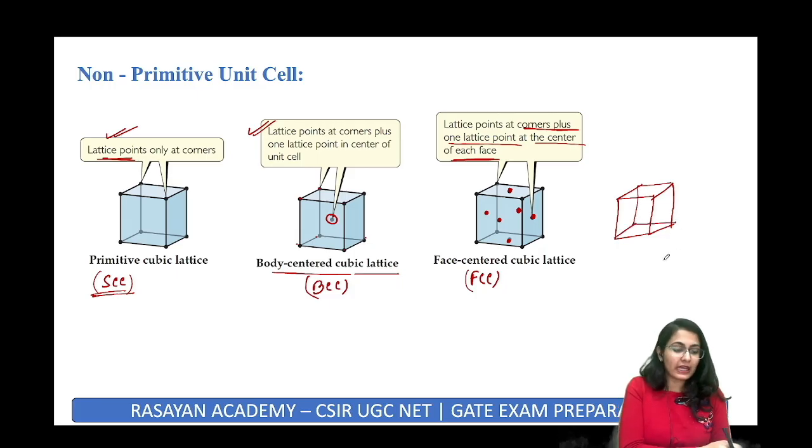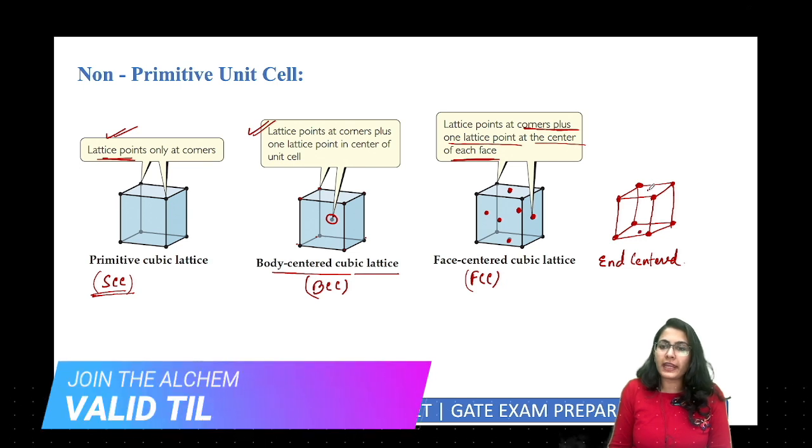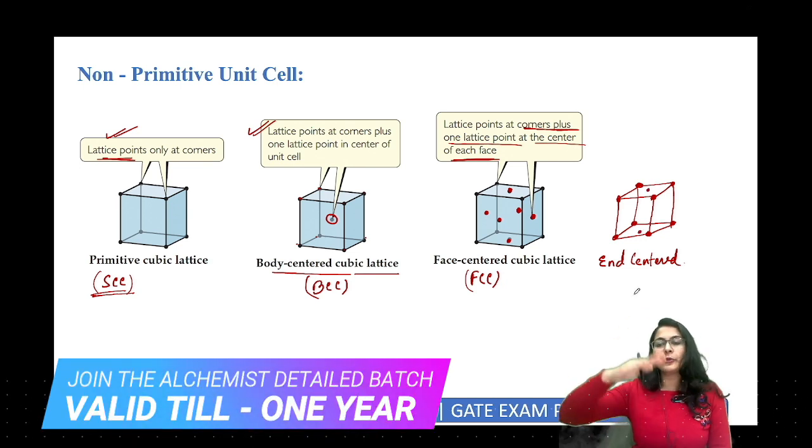For example, we are talking about end centered. So in the end center, definitely you will have the lattice points at all the corners. End center means two opposite ends, that is 2 opposite faces.